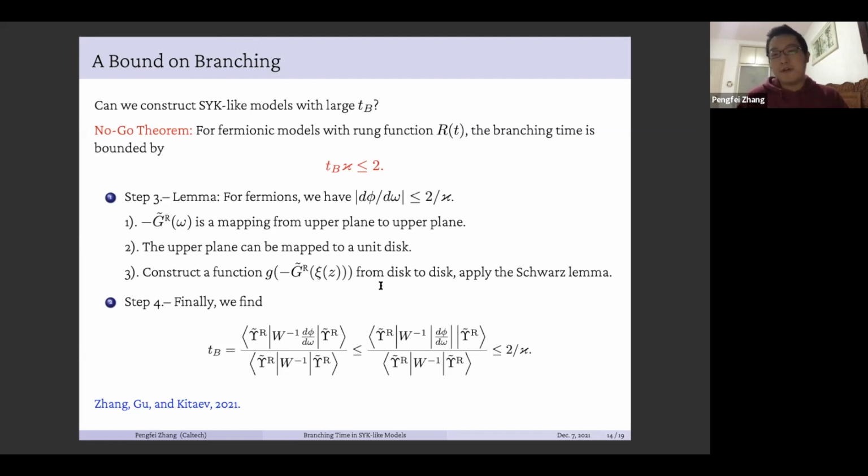For such a function on a unit disk, we can use the so-called Schwarz lemma, which bounds the derivative of such an analytic function. Applying that Schwarz lemma to this composite function, we immediately find such a bound for the phase winding. So finally, using this bound for the phase winding, we can derive such a bound for the branching time.